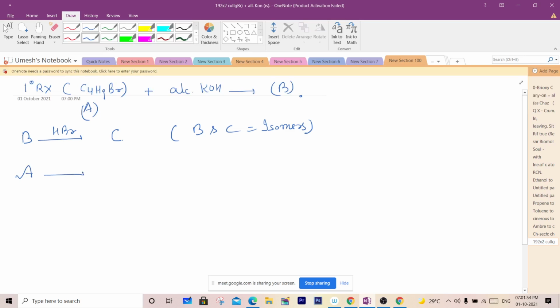When A was reacted with sodium in the presence of dry ether, it gives a compound D with the molecular formula C8H18.